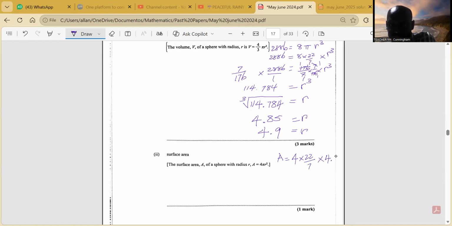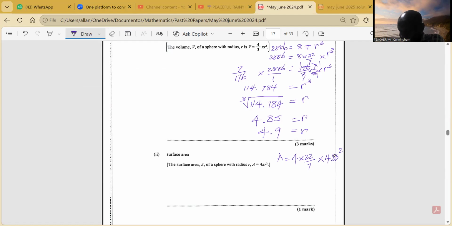4.85 squared times 4 pi. That's all. Tell me how much you get.